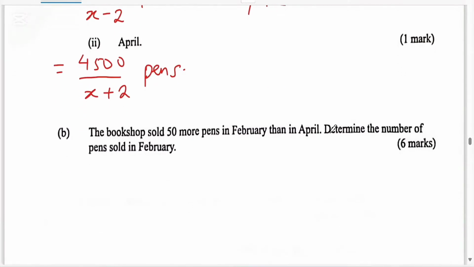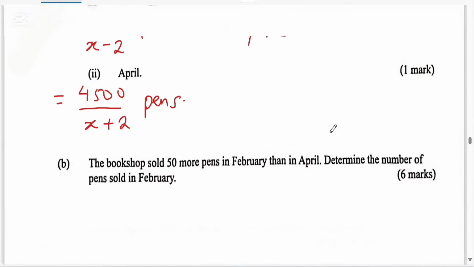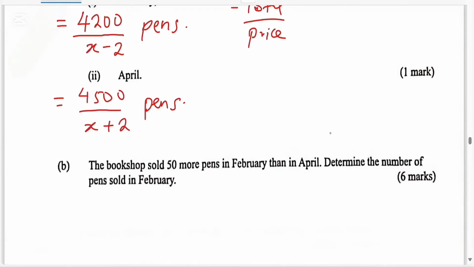Question B, umeulizwa the bookshop sold 50 more pens in February than in April. Full stop. Determine the number of pens sold in February. Kumbuka hii ndo in February, hii ni April. Hii ndo kubwa. This is a bigger amount and this is the smaller amount.